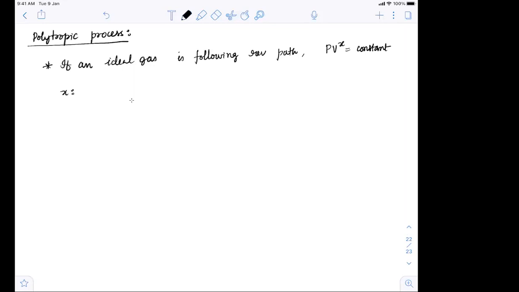Then this x is called the polytropic index, which means it could be of any value. For different values of x, we'll get different types of processes.